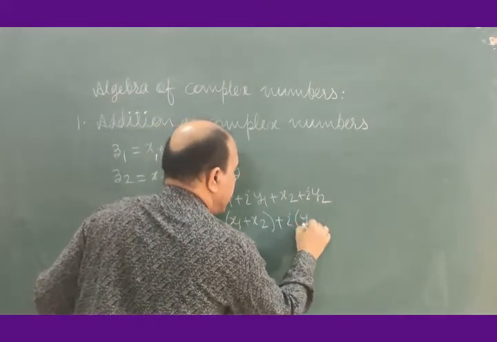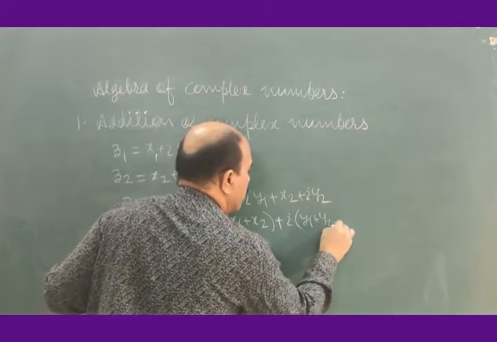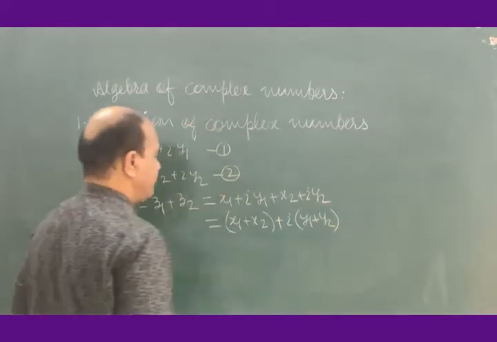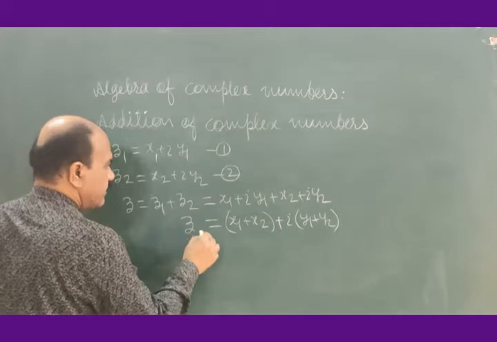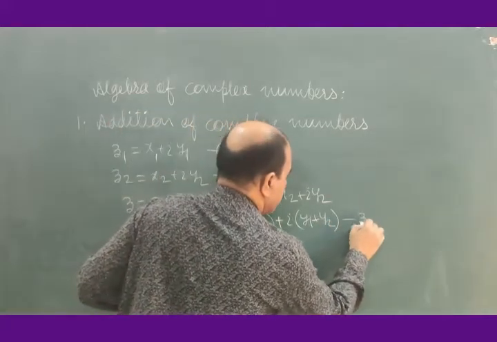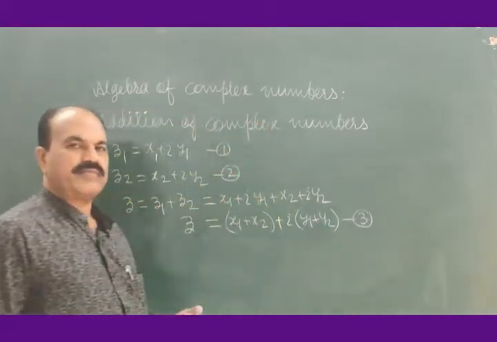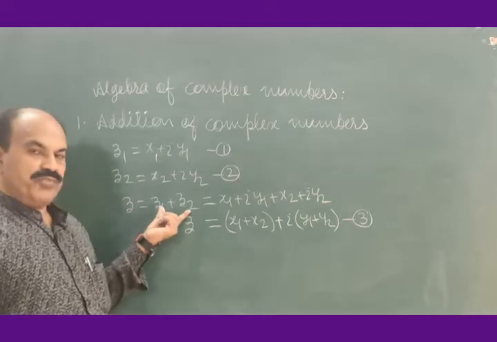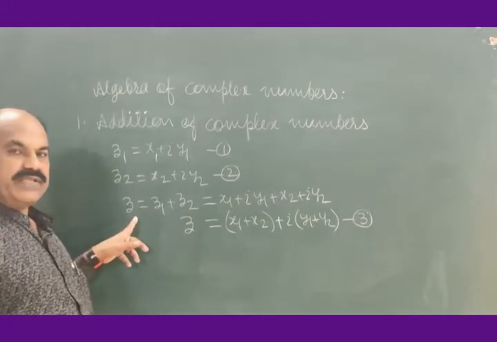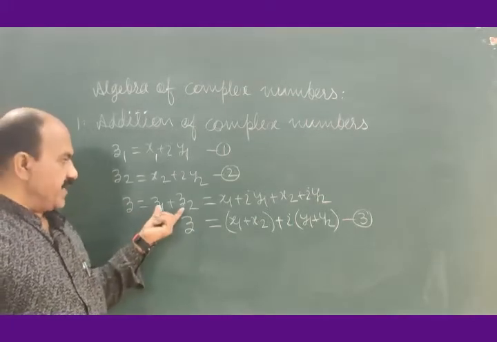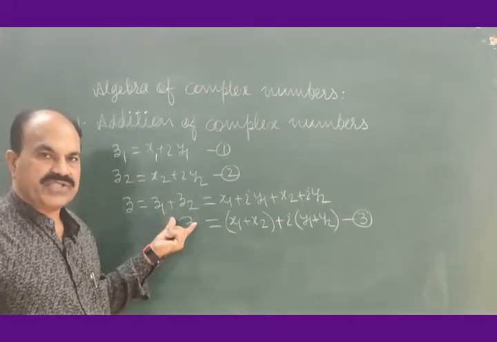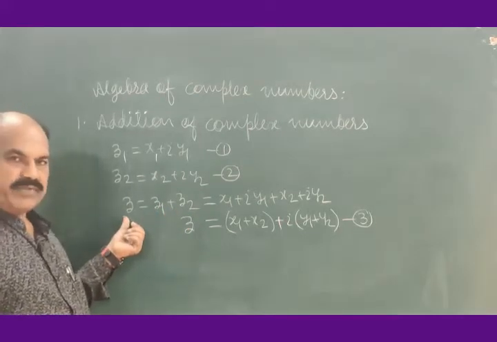What is left in the bracket is y1 plus y2. Addition of these two complex numbers is a complex number.